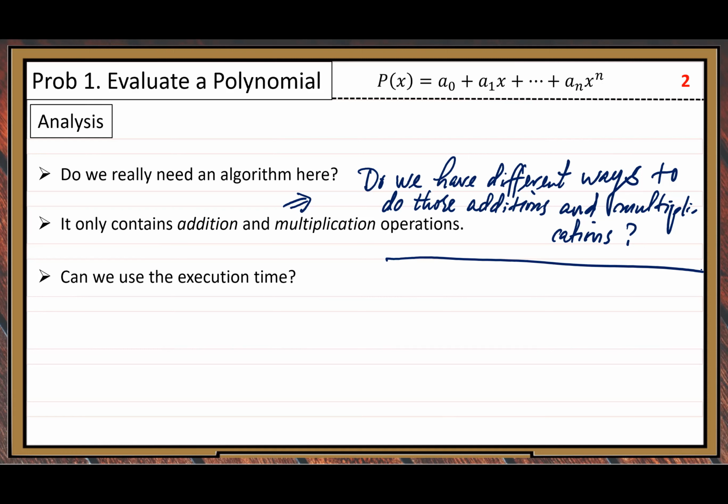Next question. Can we use execution time to measure the algorithm efficiency? Because execution time is straightforward.